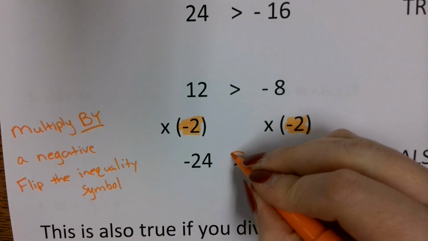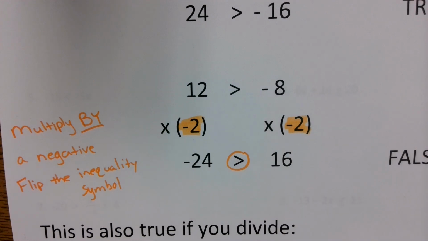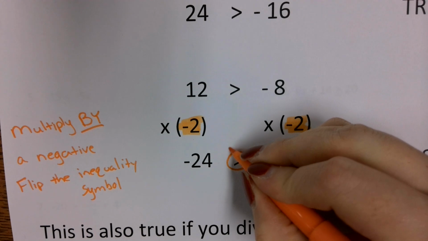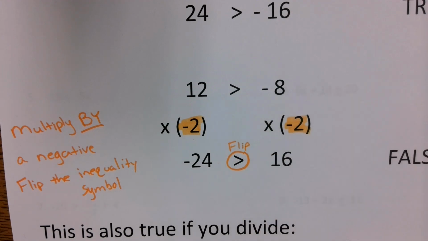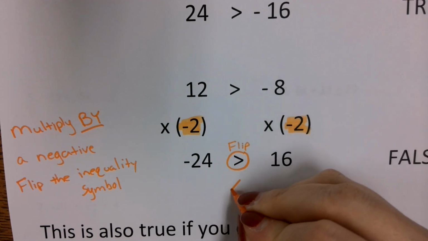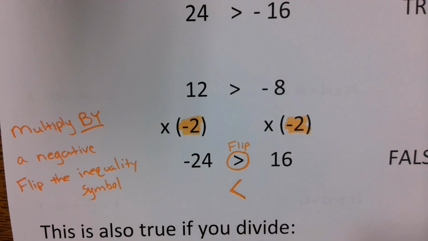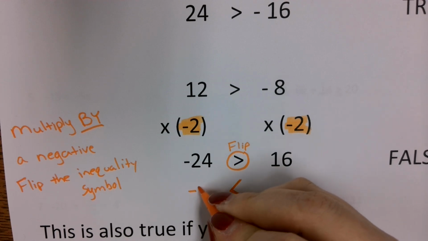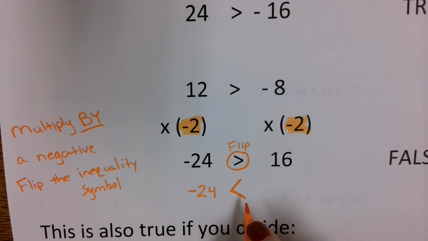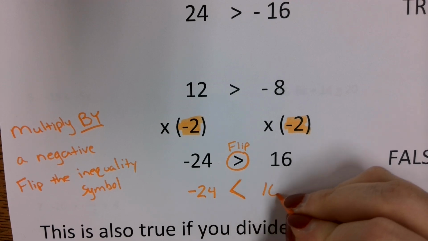So it's not like a rewrite. It's not where we flip everything. You are only going to be flipping that inequality symbol in order to create a true statement. So that greater than symbol now becomes a less than symbol, and this becomes a true statement. Negative 24 is less than positive 16.